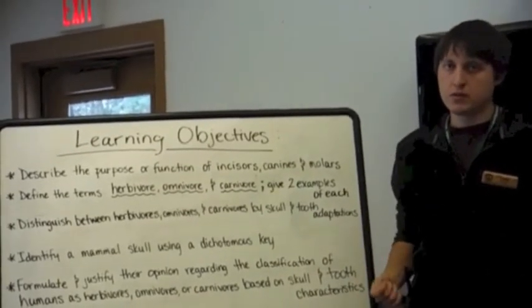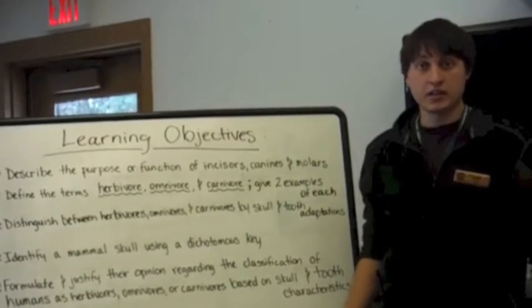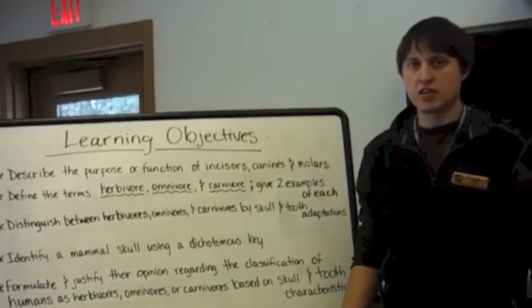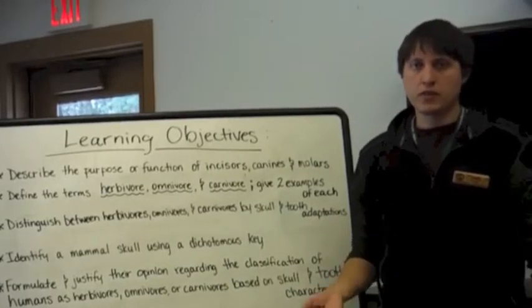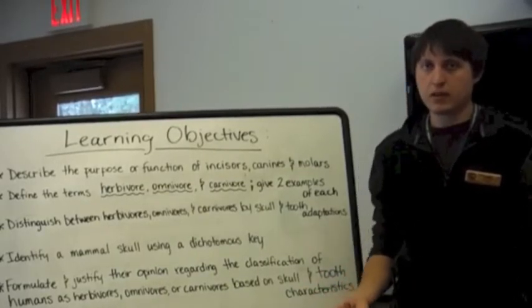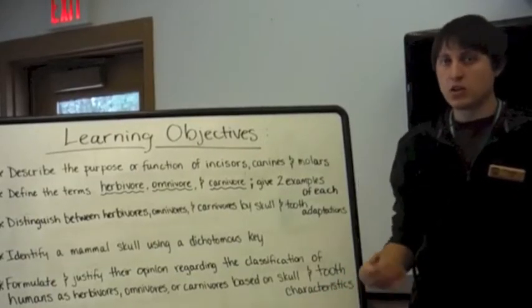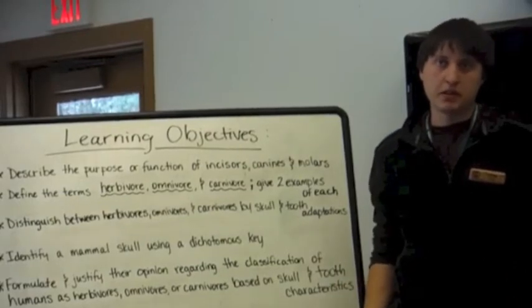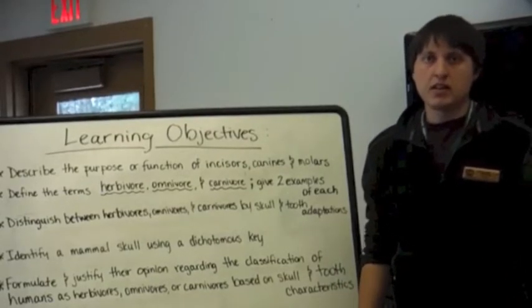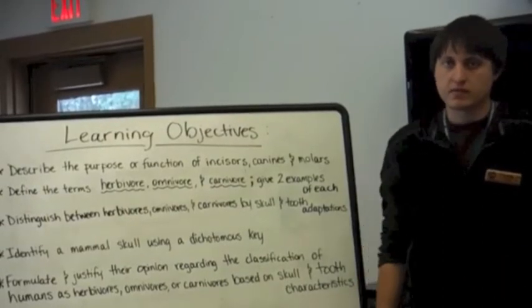We also want to review the 3 different kinds of teeth that mammals have, which are incisors, canines, and molars, and have the students tell us what functions those teeth play when the animal eats food. And then we also want to review some of the skull adaptations and vocabulary that we learned during the lesson, like sagittal crest and zygomatic arch.